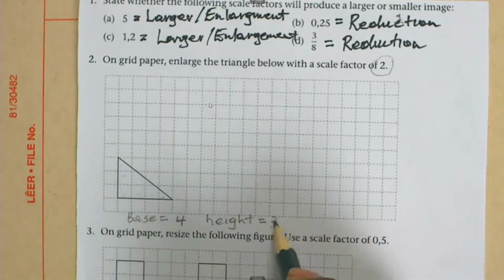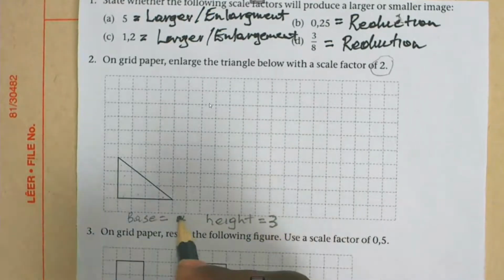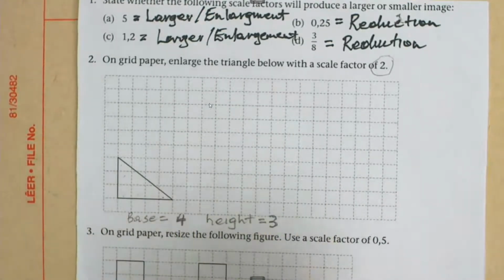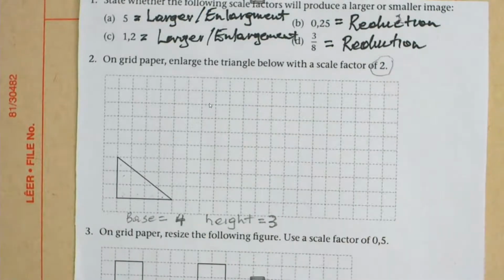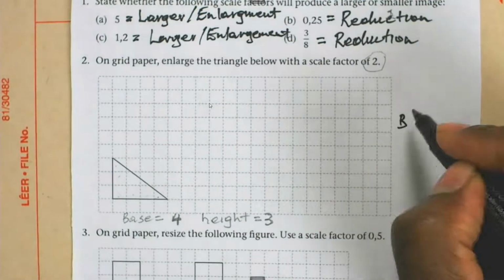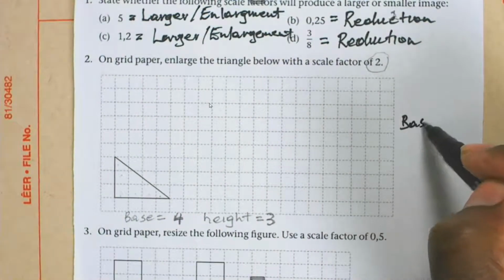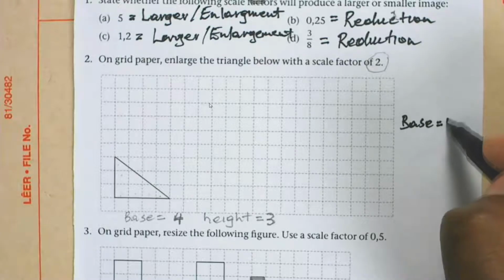Now if the height is 3 blocks and the base is 4 blocks, both of them must be multiplied by the scale factor. Therefore, we can come this side and say, base is equal to 4 blocks.